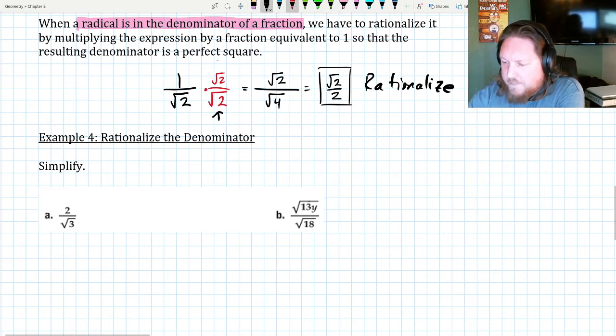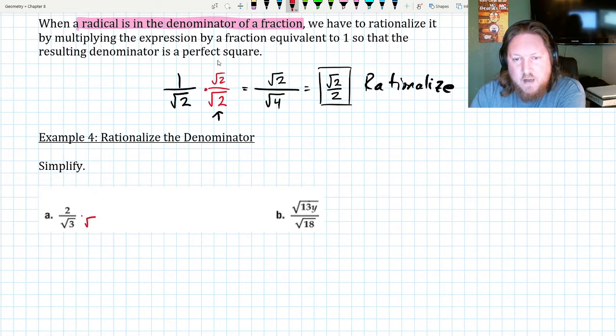In part A, you can see I have a root 3 in the bottom, so I'm just going to multiply by root 3 over root 3. And I end up with 2 roots of 3 over... root 3 times root 3 is root of 9, which just gets me 3.